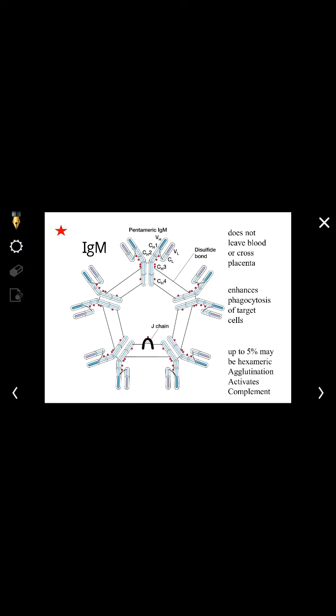So IgM, this is what I call 'I get mad,' because look how crazy it is. It does not leave the blood or cross the placenta. It enhances phagocytosis of target cells, because it gets mad and starts eating everything. Up to 5% may be hexameric. Agglutination activates the complement.